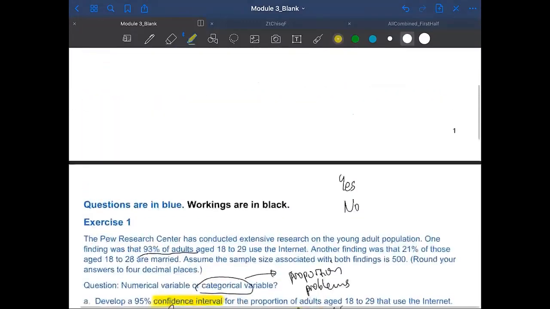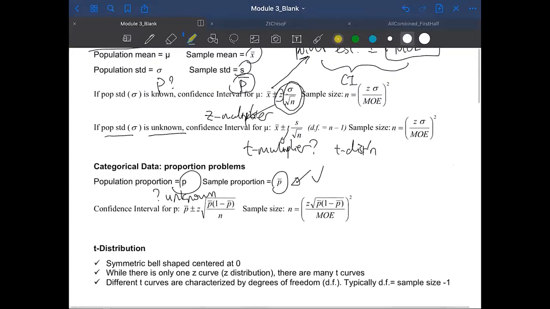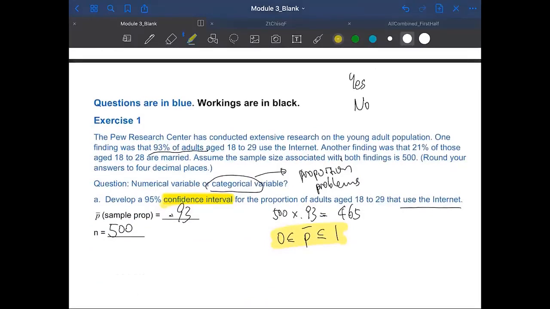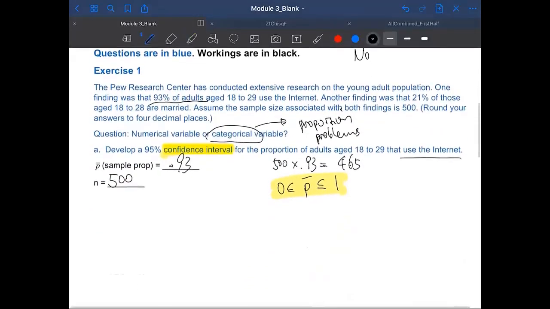If you go back to what we had before, we are dealing with a proportion problem, and the formula we have, confidence interval for P, population proportion, is given right here, right? So that's the formula we want to use. And once you figure out the P and also P-bar, we should be able to solve this problem quite easily.